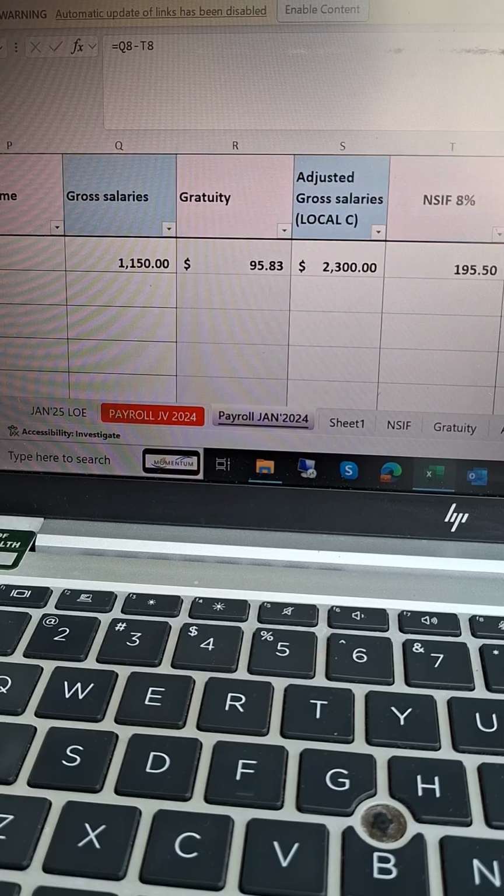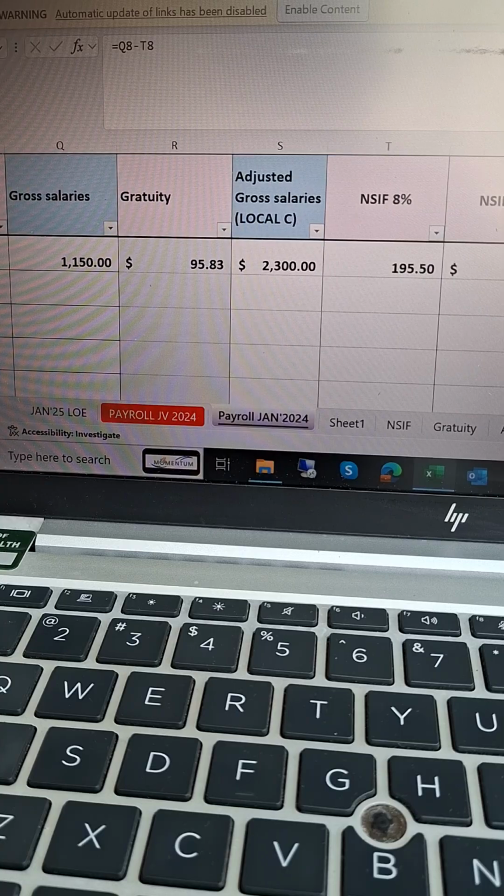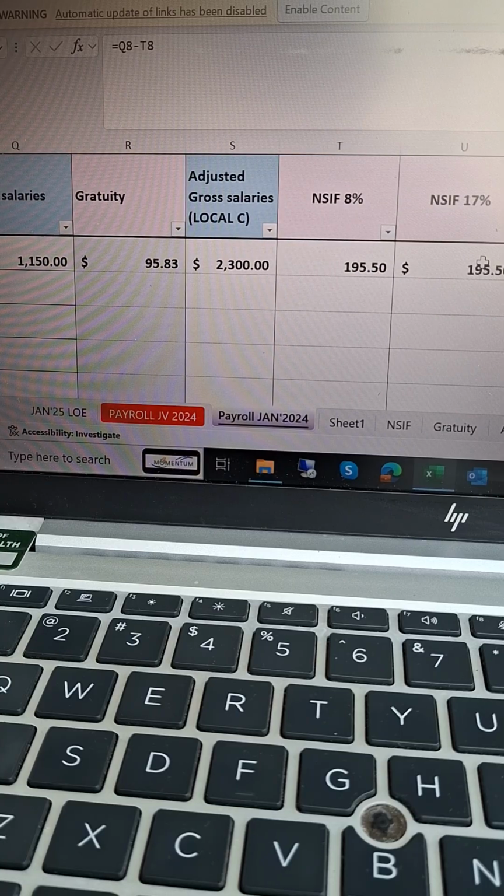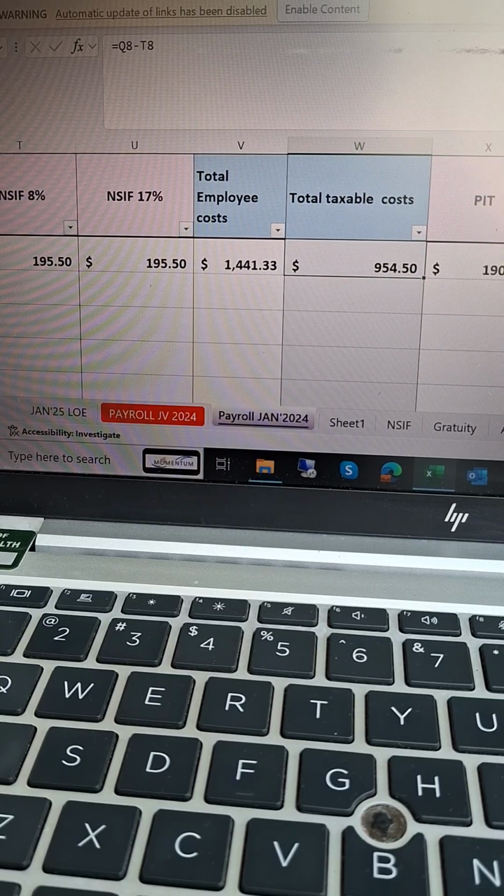So I hope this is clear. This video will be posted. You'll be able to follow. Then we have PIT. PIT is actually the tax rate times the total taxable cost.